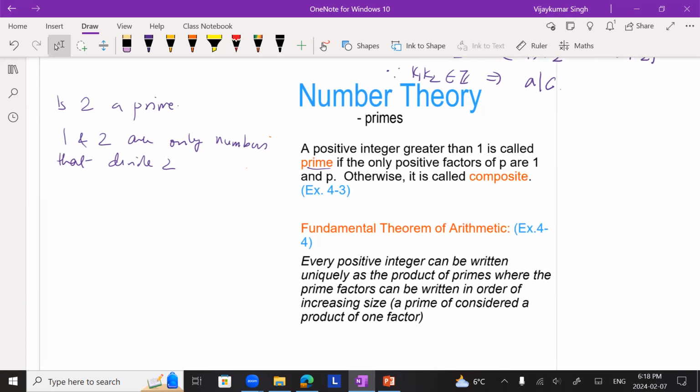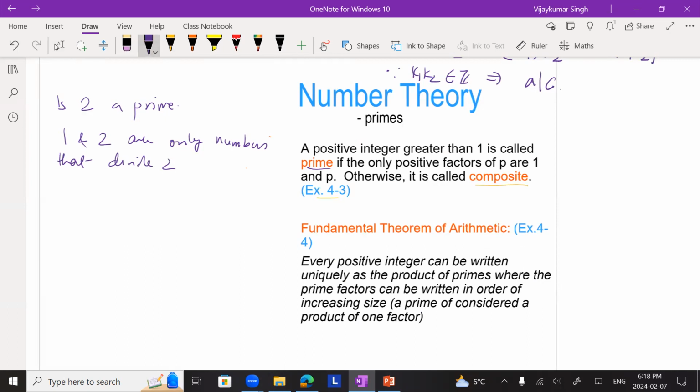Now, to play with numbers properly, first of all, if a number is not prime, then we call such a number a composite number. So otherwise it's called what? Composite.